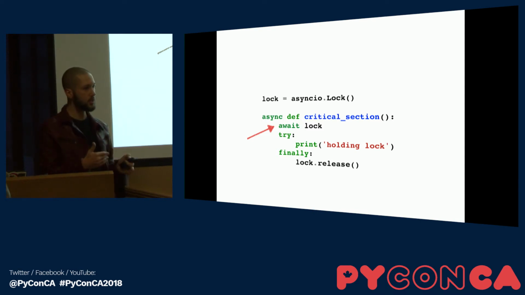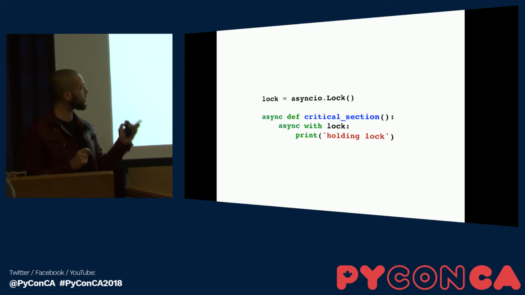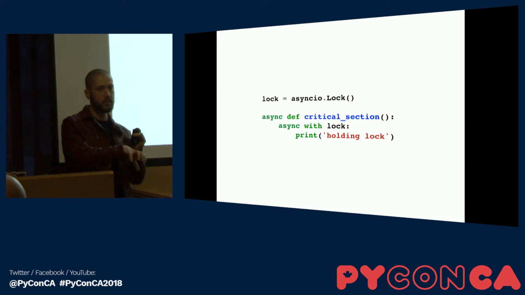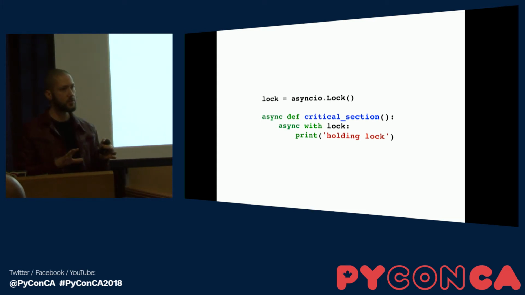Then you do something holding the lock, and finally you release it. Now, in the latest Python, we've got the async with expression. This is way better because you can enter a scope while holding the lock, and then when you leave the scope, you will definitely release it, even if this is a complicated function with lots of exception handling logic.